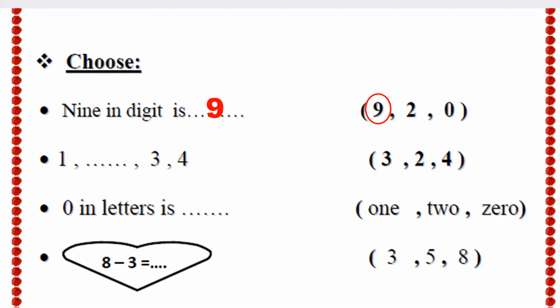Very good. It will be number 2. Okay, very good. 0 in letters. How can I write 0? Yes, Z-E-R-O. Very good, ya Arwa. Omar. Z-E-R-O.